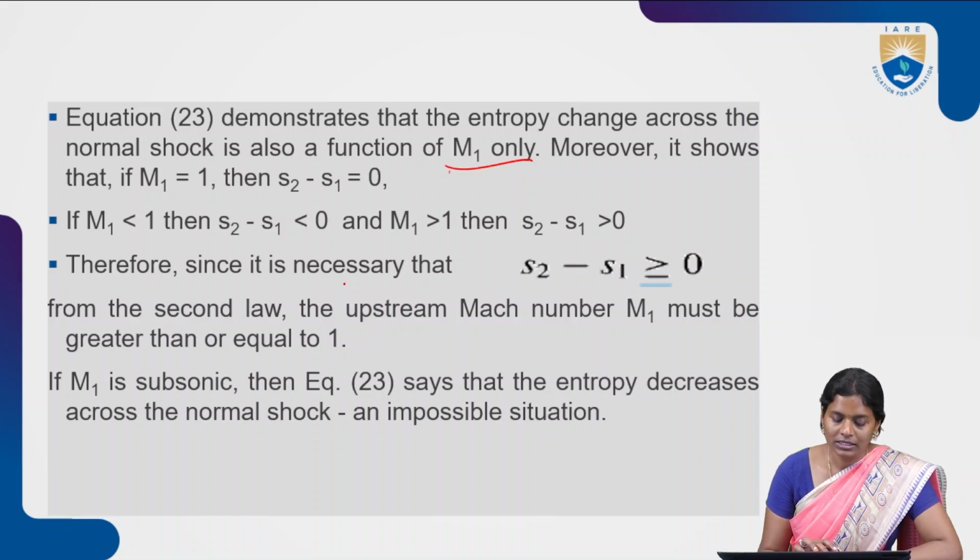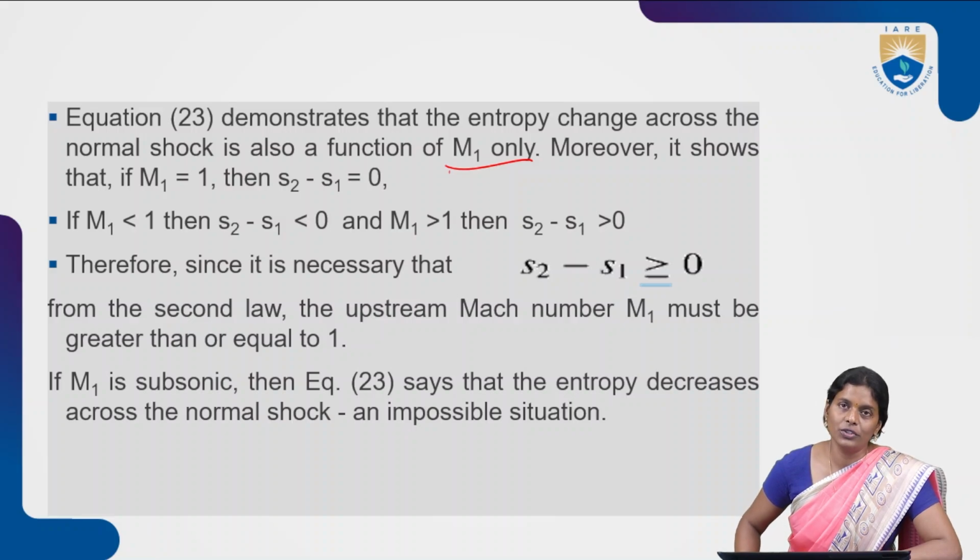Therefore, since it is necessary that S2 minus S1 be greater than or equal to 0 from the second law, the upstream Mach number must be greater than or equal to 1. If M1 is subsonic, then the entropy equation states that entropy decreases across the normal shock, so it is an impossible situation.